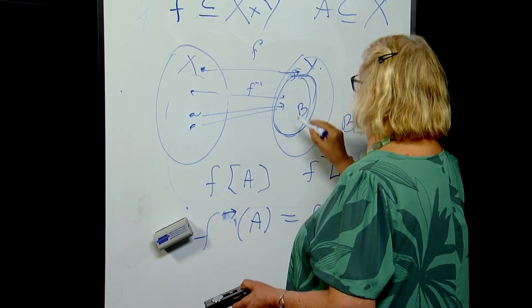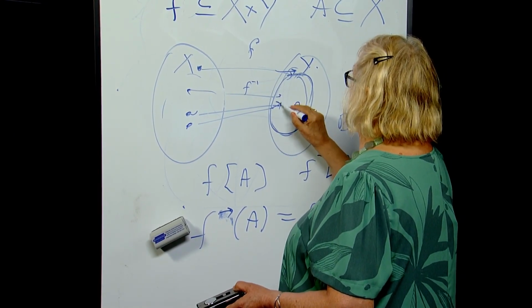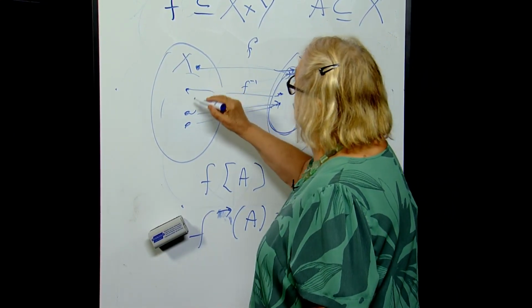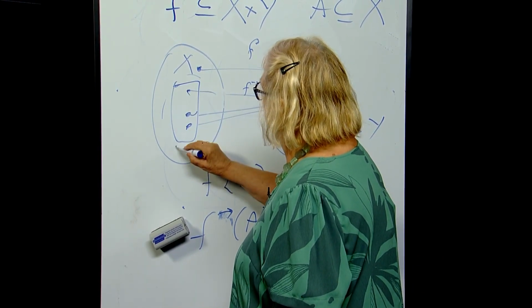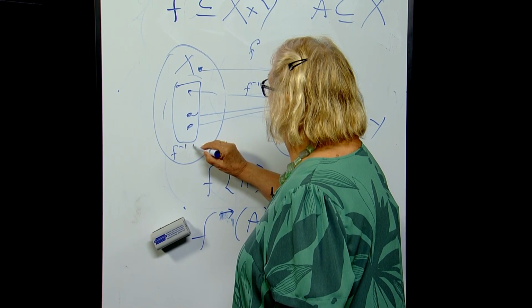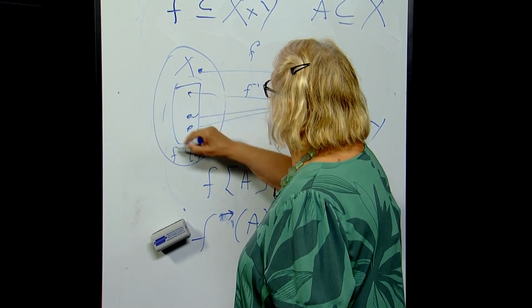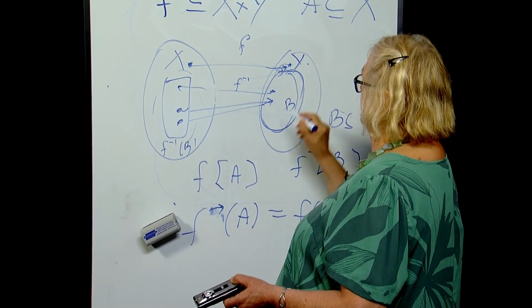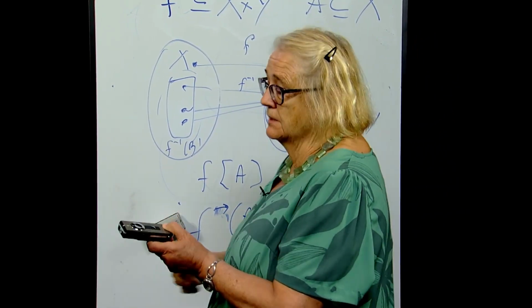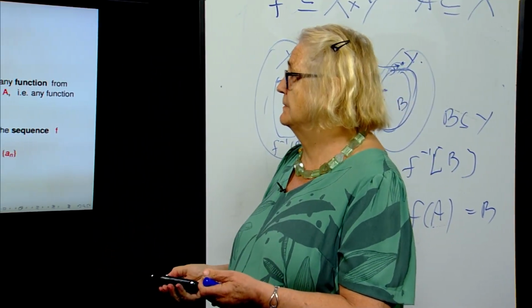For example, here, if you have a set B here, the inverse image of B would be that set. That one would not be included, because the value was outside B. So that is the image and inverse image.